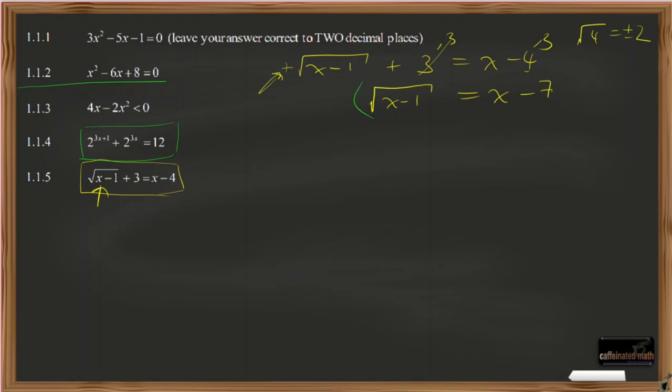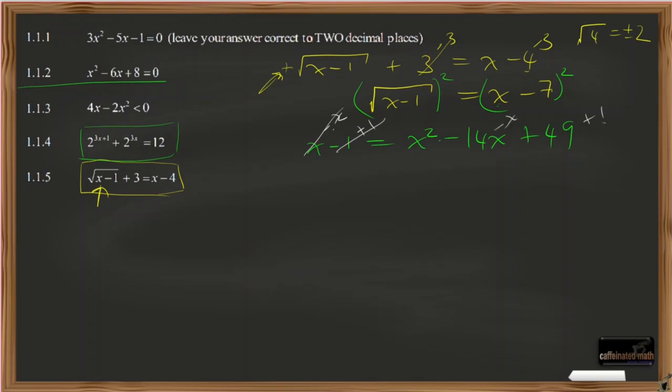Of course, to get rid of a square root, we just square both sides, so that'll give us x minus 1 as we want, and of course over here we'll have x squared, x multiplied by negative 7 is negative 7 times 2 is minus 14x, and negative 7 squared of course is plus 49. Right, let's transpose values that we need transposed, so plus 1 on both sides, and of course minus x on both sides.